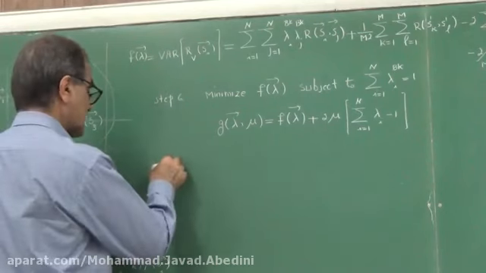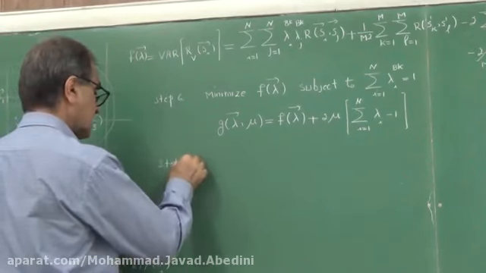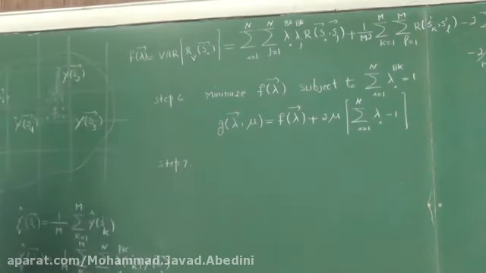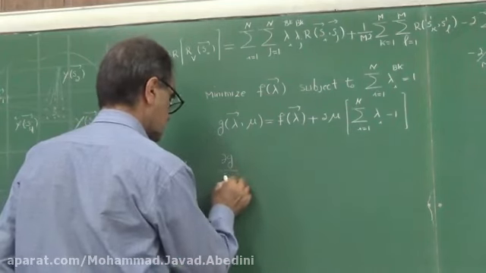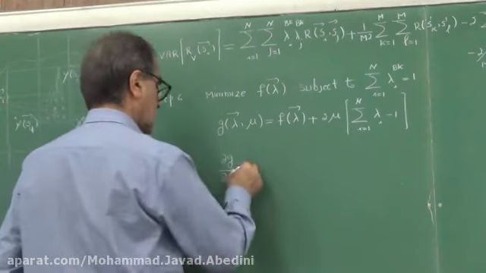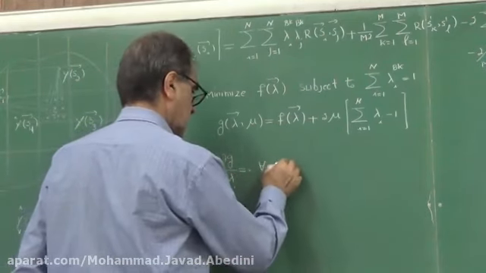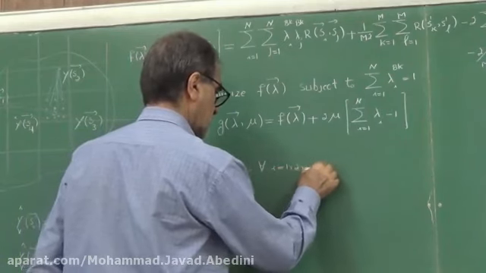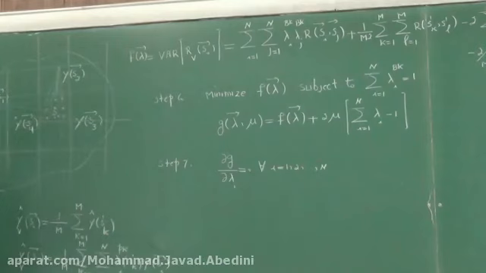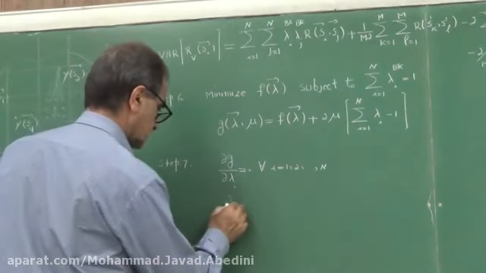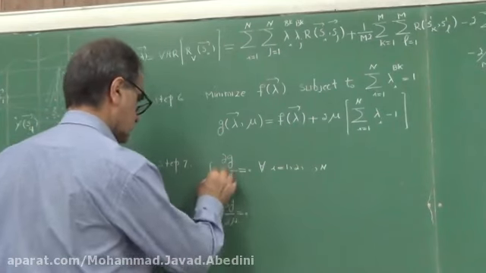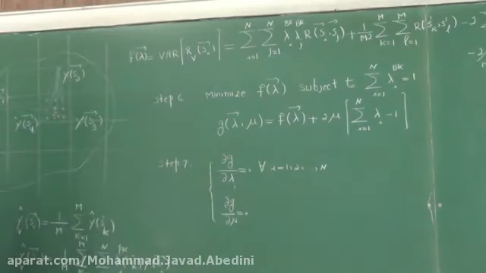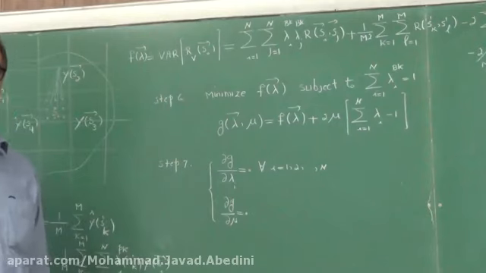Now, when it comes to step 7, in step 7 you have to minimize this G. Here you have n plus 1 equation with n plus 1 unknown.